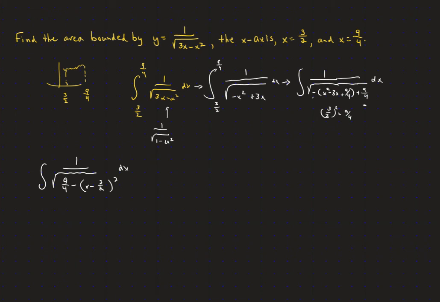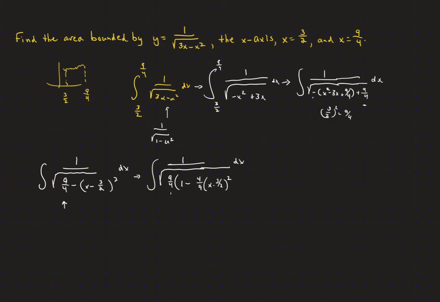This is progress. Now we want to make that be a 1, so we are going to factor out that 9/4 in the radical. So we're going to take out that 9/4. That's going to make the 9/4 into a 1. To divide by 9/4 is going to leave us with a 4/9, x minus 3 halves squared, all inside that radical.